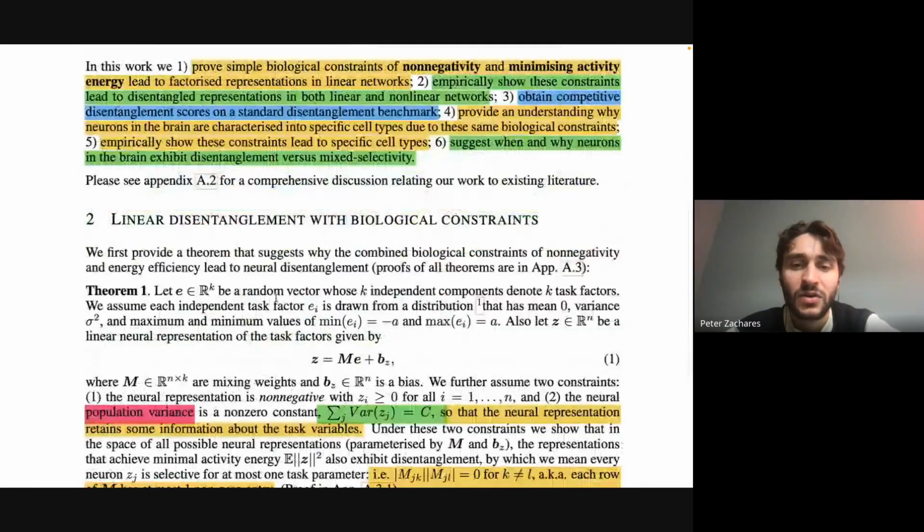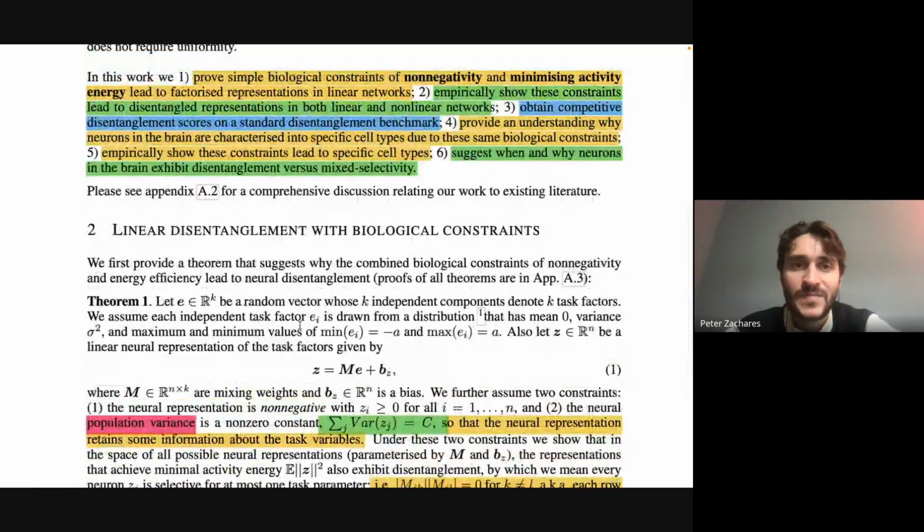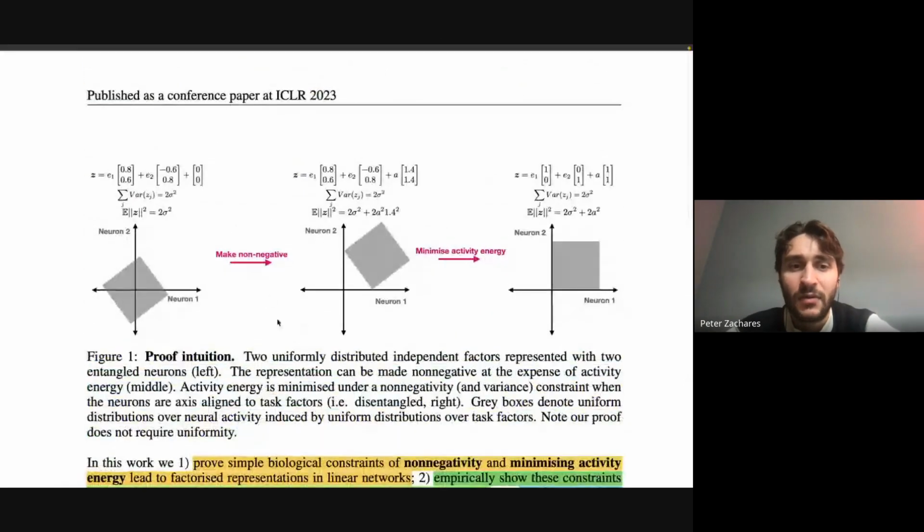And so I'm not going to go through this proof. I will mention something about it. Instead, I want to talk to you guys about this diagram, because this diagram is such a good way to understand the proof. For this diagram, and for the proof, they make one assumption, which is that the internal representation of Z has some fixed variance.